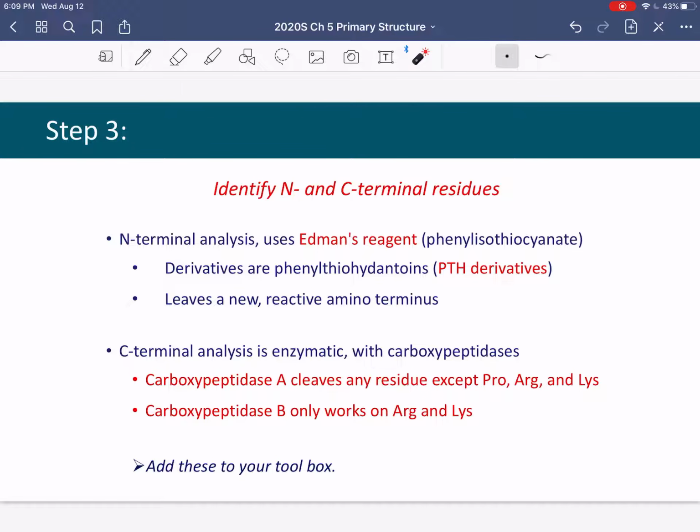So if you have some good controls that tell you that carboxypeptidases A and B are both working as they should, and you've already tried carboxypeptidase A and you got no product, so you go to carboxypeptidase B and you still have no product, then what does your C-terminus have to be? That's right, proline, okay? All right, so add these tools to your toolbox, and you're going to use them to identify, as I said, the amino terminal and carboxy terminal amino acid.